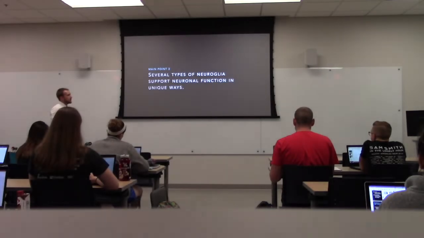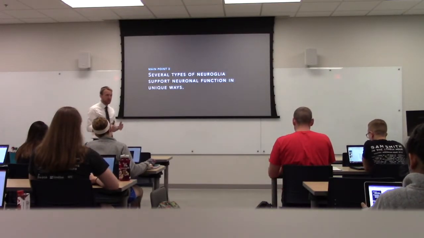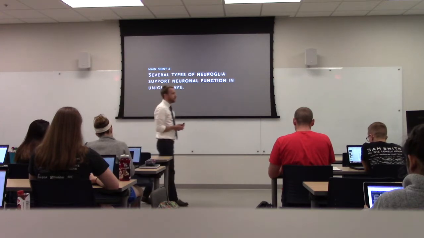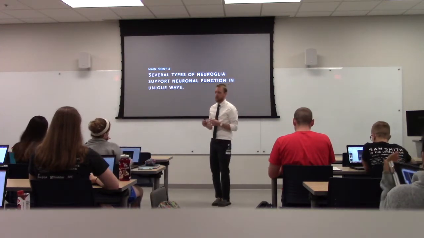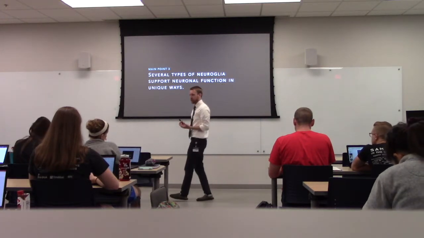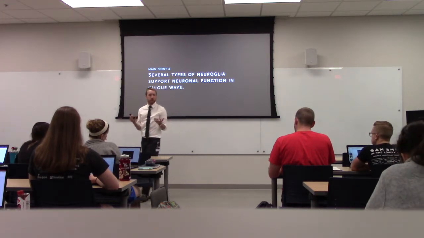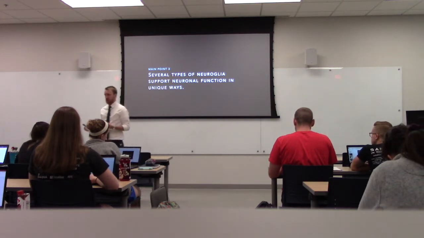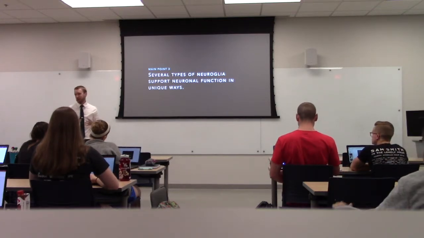All right. We'll talk about glia. We'll call that lecture 1. Then we'll be introducing new things. There's a few different types of glia, and they're all going to do different things to keep neurons operating. I like to think of neurons as little children or little babies, and so they cry a lot. That's all they do. They cry and they make messes. The glia are the mother or the father.